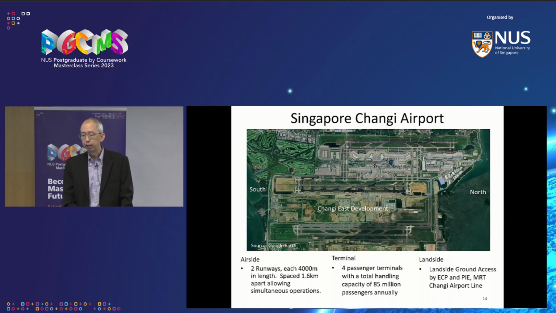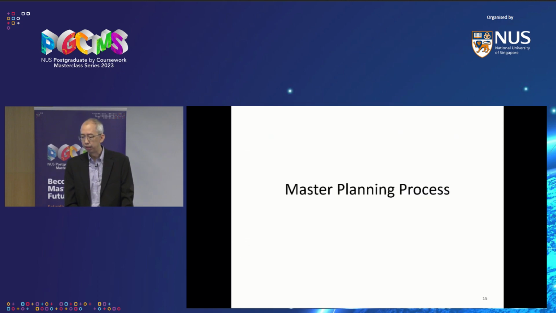Runway 2 is being worked on right now because they need to add on rapid exit taxiways to it. So we should achieve 3 runway operation hopefully by next year, which should be ahead of Hong Kong. And then Terminal 5 is going to be where the words Changi East development is.